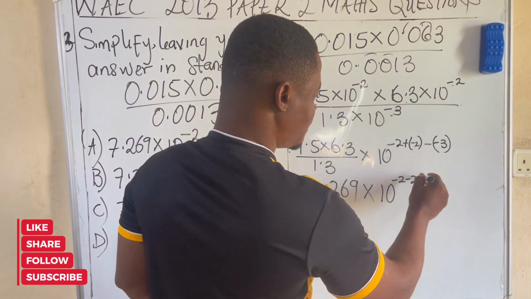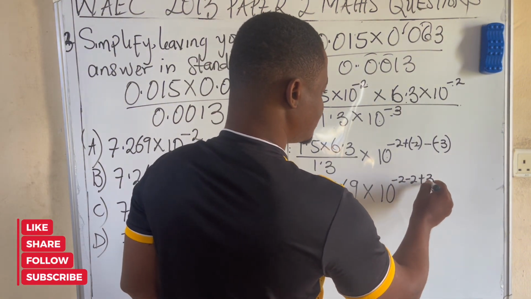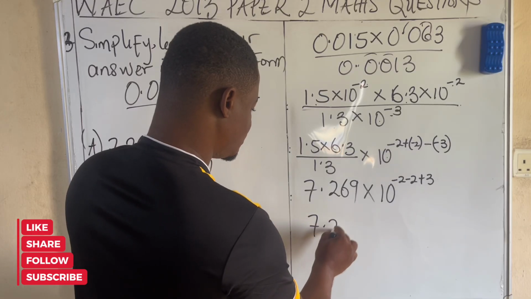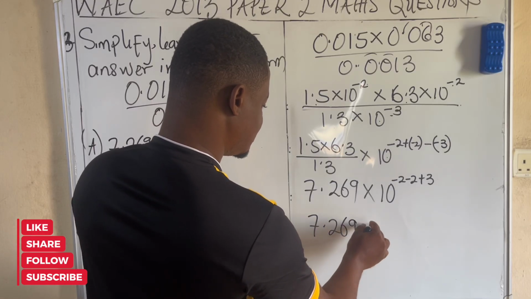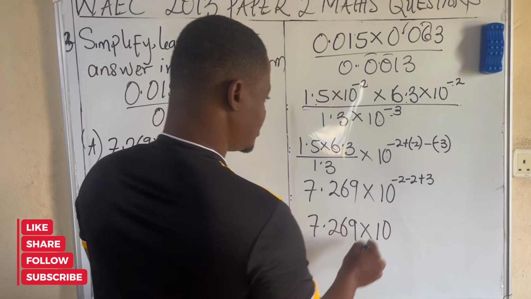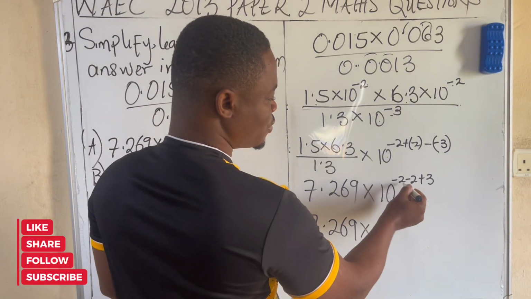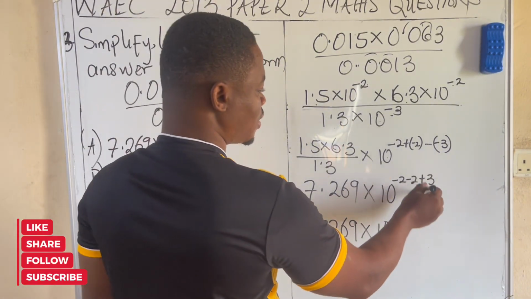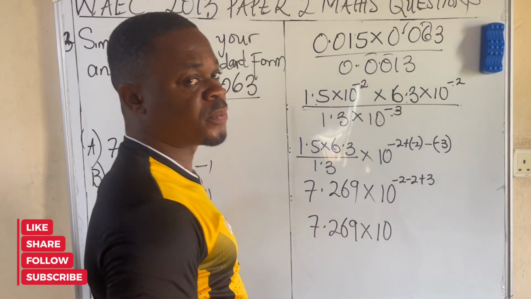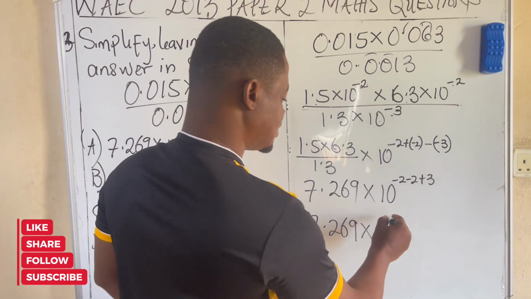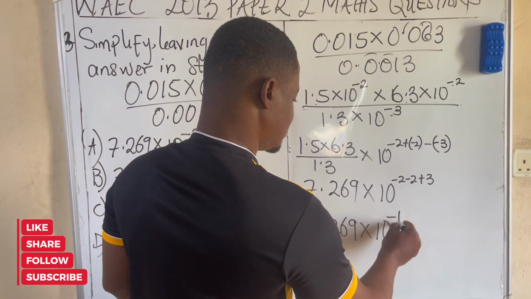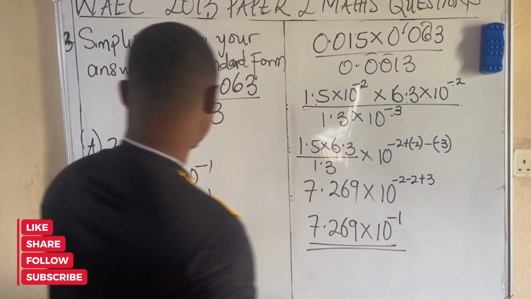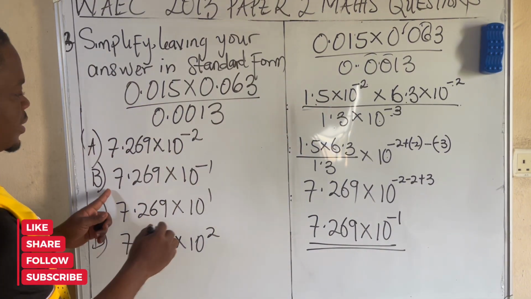So we have plus 3. So this is equal to 7.269 times 10 raised to power minus 2 minus 2 is minus 4 plus 3. Minus 4 plus 3 will give us negative 1. So our answer is B.